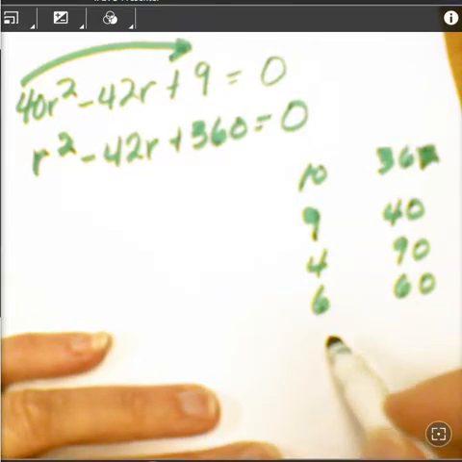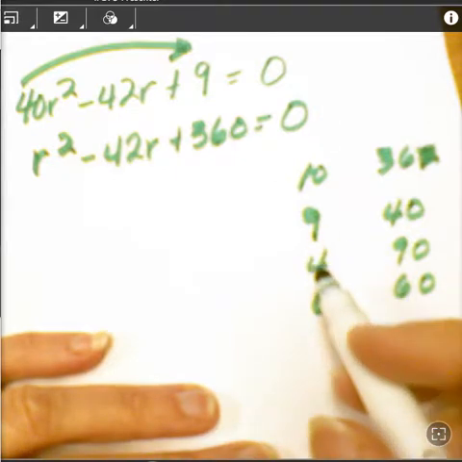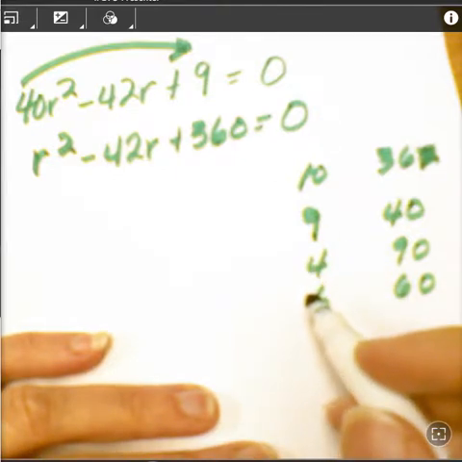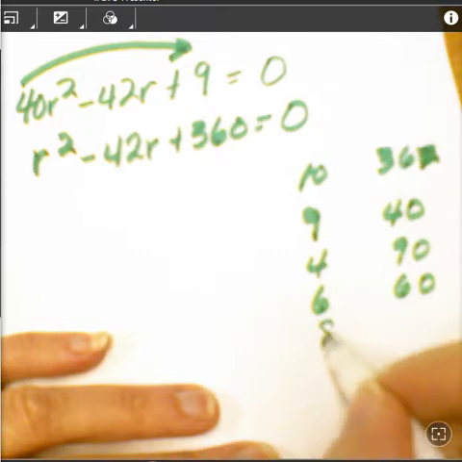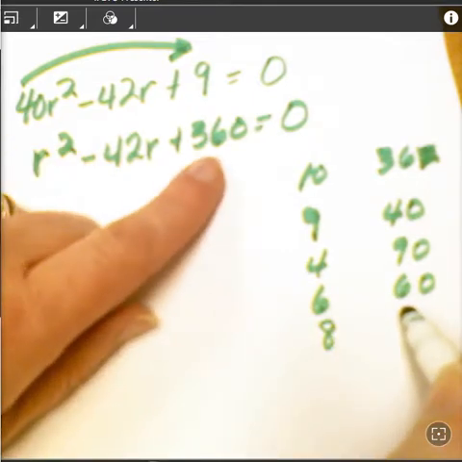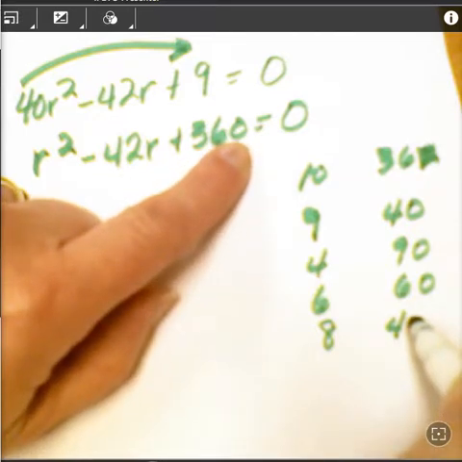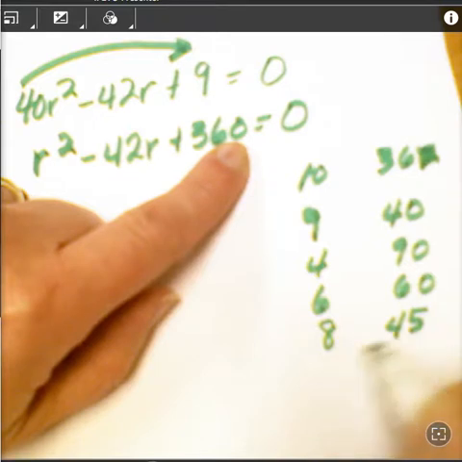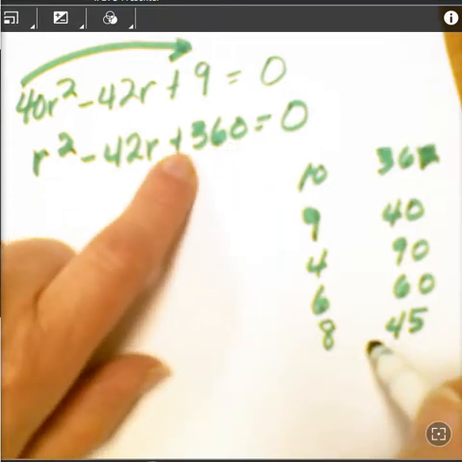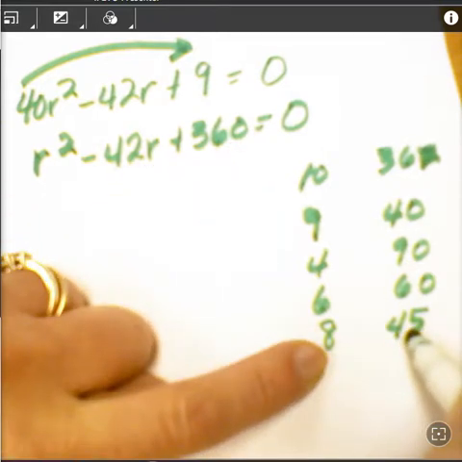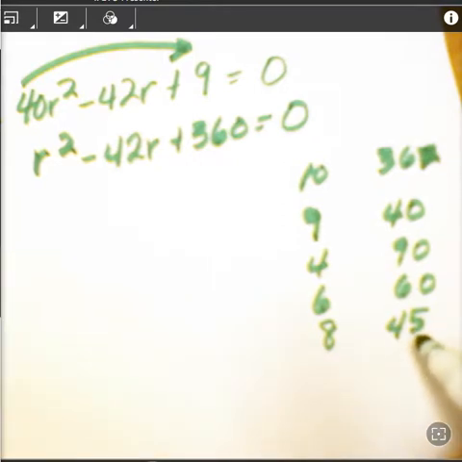Let's check. Does 8 go into 360? 8 goes into 36 4 times, which is 32, a remainder of 4. 8 goes into 45 times. So they don't add up to 42 yet. It's too big. So we need to think of a little bit bigger number than 8.